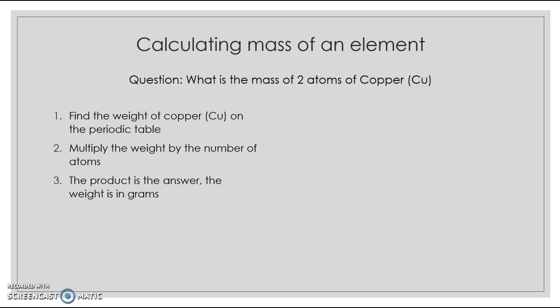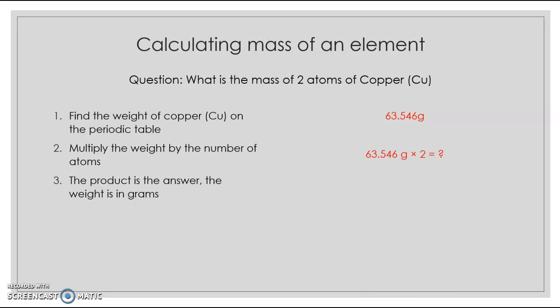So first we're going to look on our periodic table. On my periodic table, it says that copper is equal to 63.546 grams per mole of copper. Now we're going to multiply that number, the weight of copper, by the atoms of copper, which is 2.